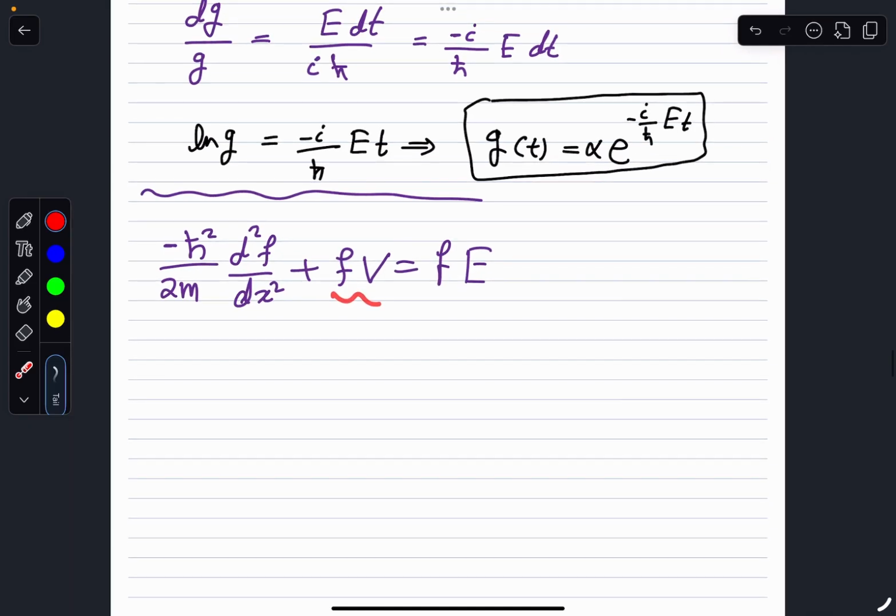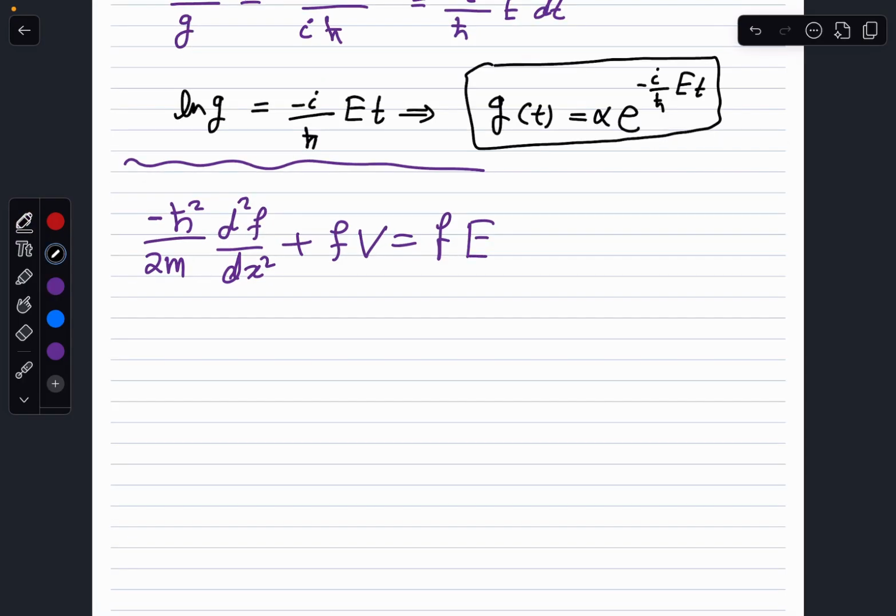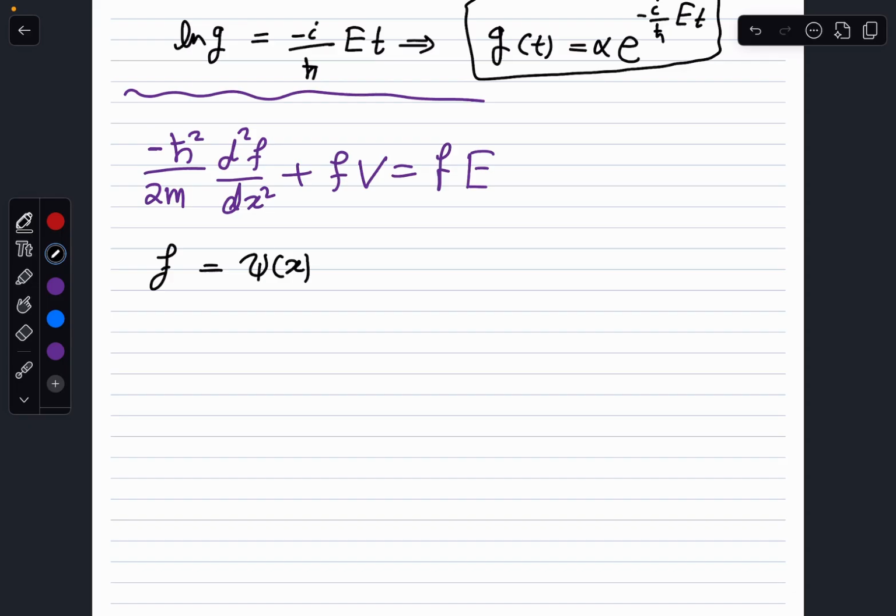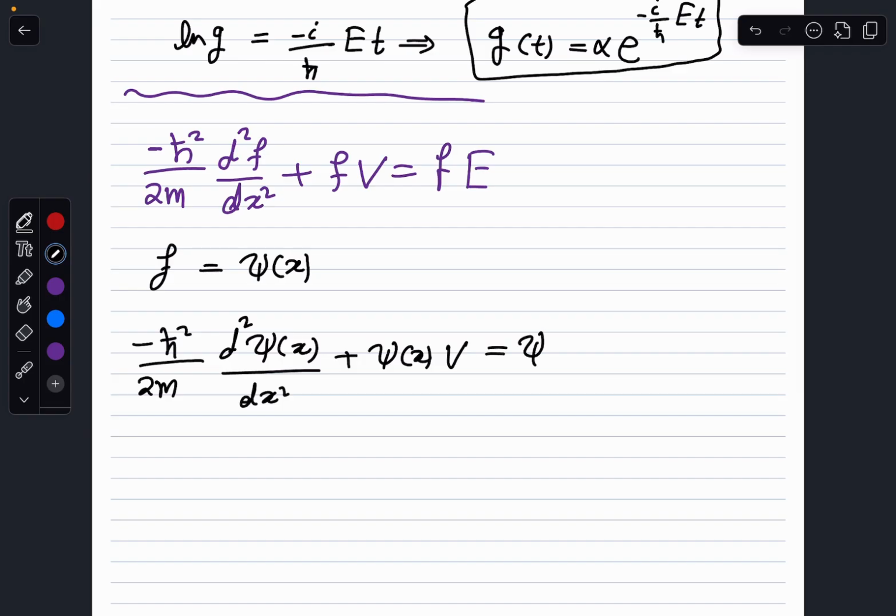Okay, now this equation, it is usually denoted as psi of x only. So this equation is written as minus h bar squared over 2m times the second derivative of psi of x over dx squared plus V psi of x is equal to E psi of x.